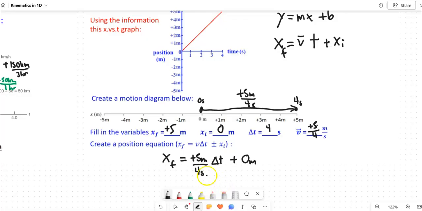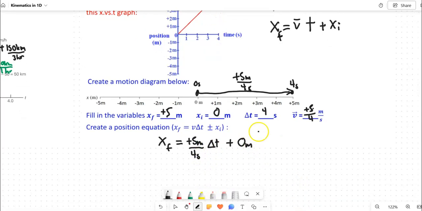So let's see if this works. What we're going to do is try to predict the final position at 4 seconds. Because if we put in 4 seconds for time, we should end up with positive 5. So let's do it.